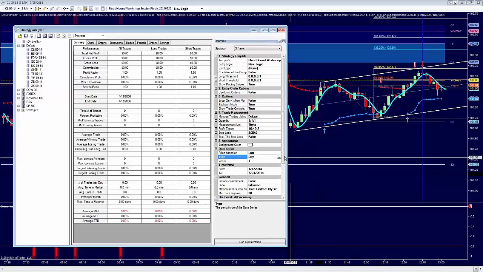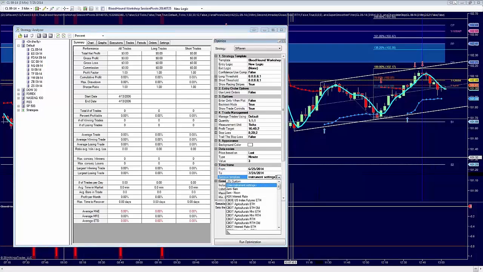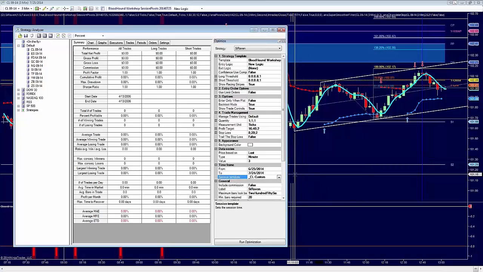We'll set it to a 3-minute chart. June 25th, June, July, yep. And then we need to set the session template. CL custom, that's important for this.